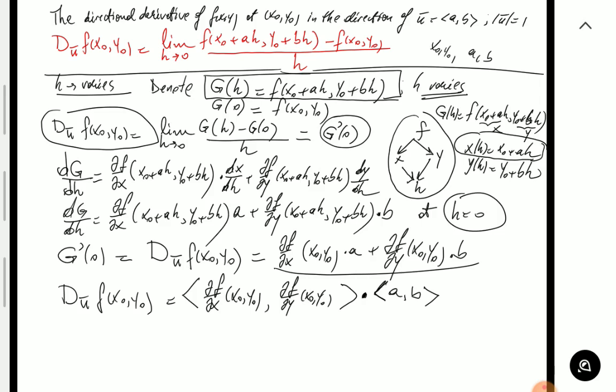Or if you want to use the index notation, which we probably do most of the time, you can say fx at the point x naught y naught, fy at the point x naught y naught, dot a b.